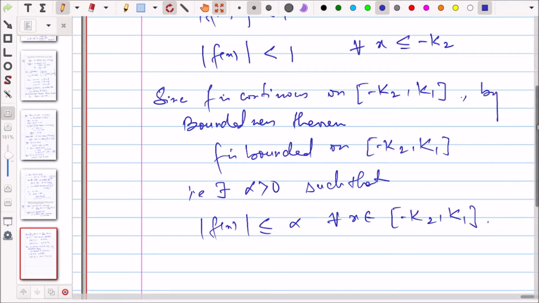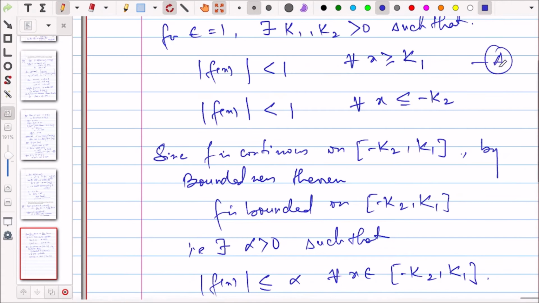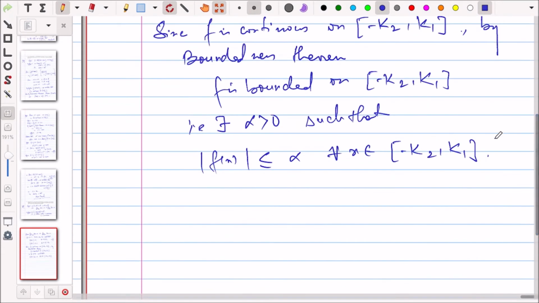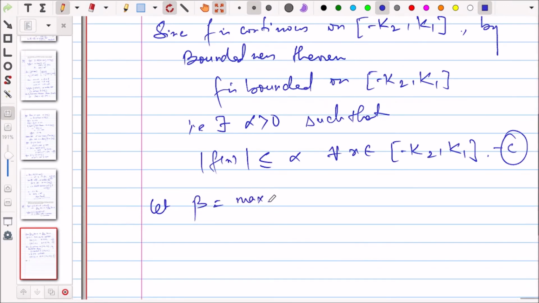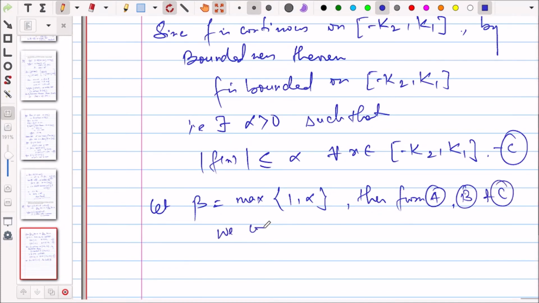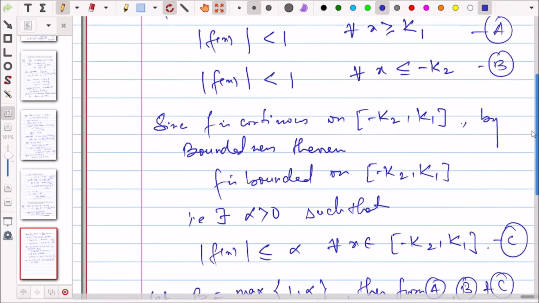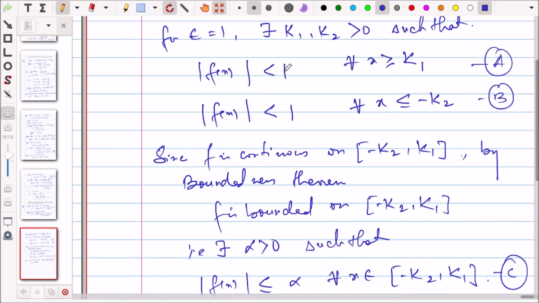So from a, b and c, let beta equal to maximum of 1 and alpha. Here we have shown that f x is less than 1 for all x greater than or equal to k1, so on the interval k1 to infinity f x is bounded.